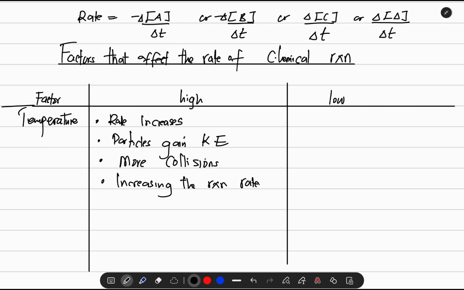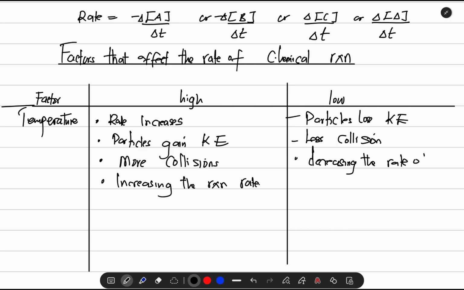When temperature is low, what are we saying? Particles lose kinetic energy. If particles lose kinetic energy, there are fewer collisions between the particles, meaning the rate of reaction decreases.